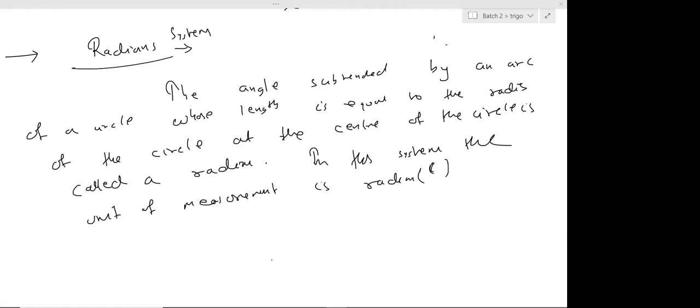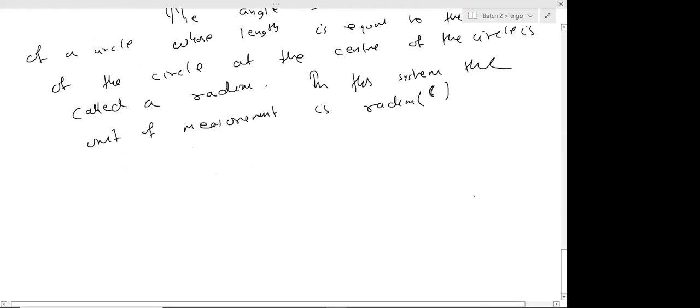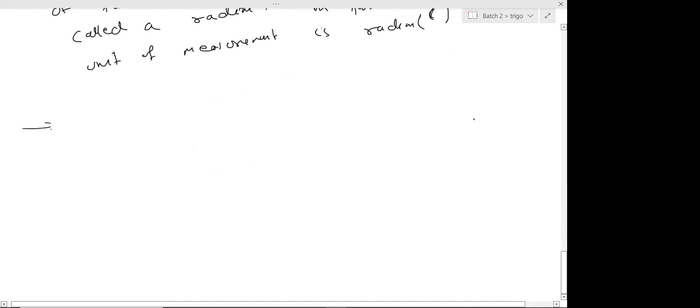All right, so what you do is you take any circle. If the radius is r, you start from here, walk till a length of r, and this arc, which has a length of r, makes an angle theta, and this theta is 1 radian.